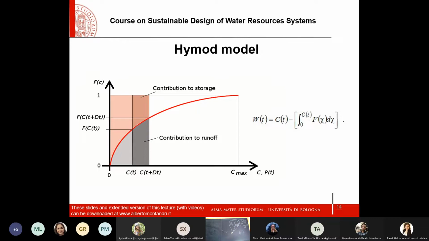And the area above the curve is storage. What is the area below the curve? It's the integral. So I have to compute the integral of the analytical relationship that you saw on the screen before, and I get the runoff.